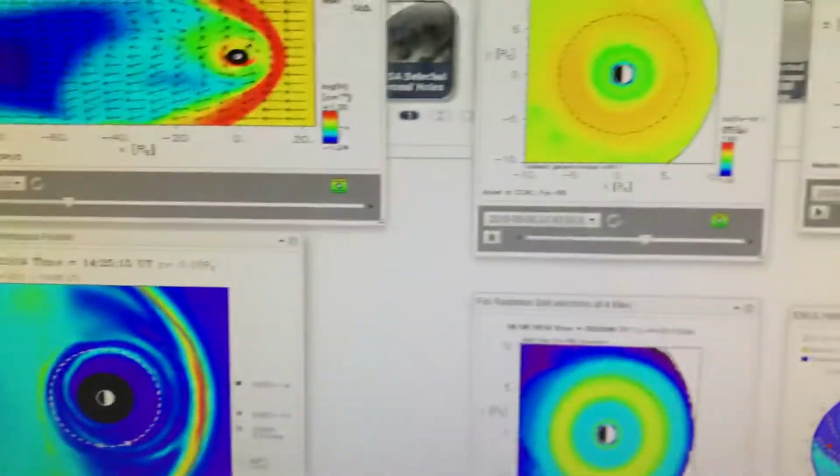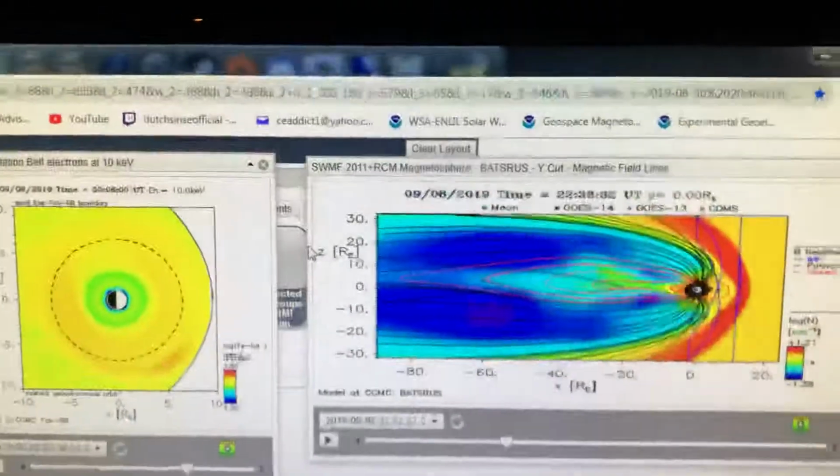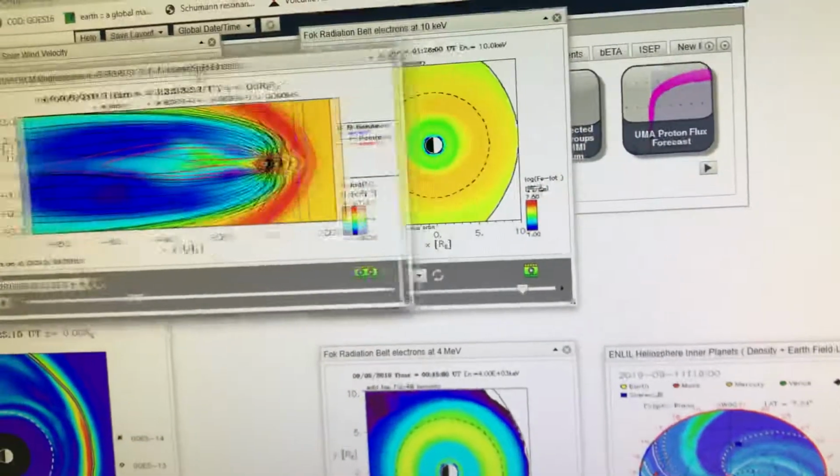Alright, now, I noticed something here that's pretty interesting.